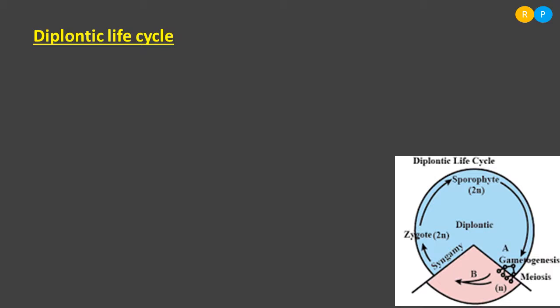So, apart from the gamete producing phase, all the rest of the life cycle shows the diploid phase. Because of this, the life cycle is termed the diplontic life cycle.